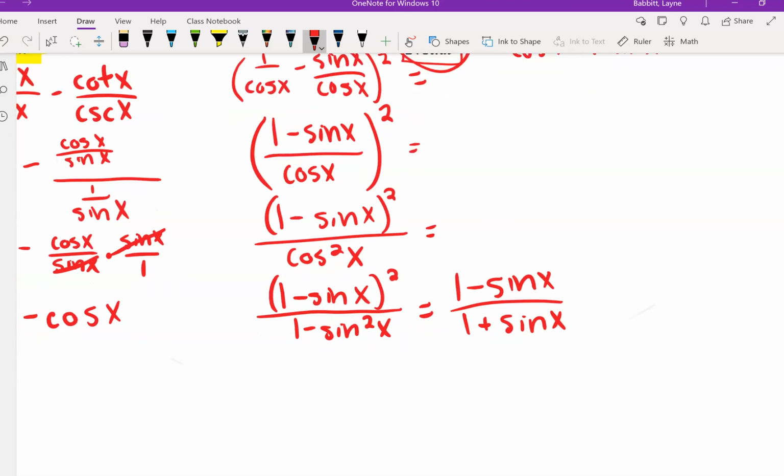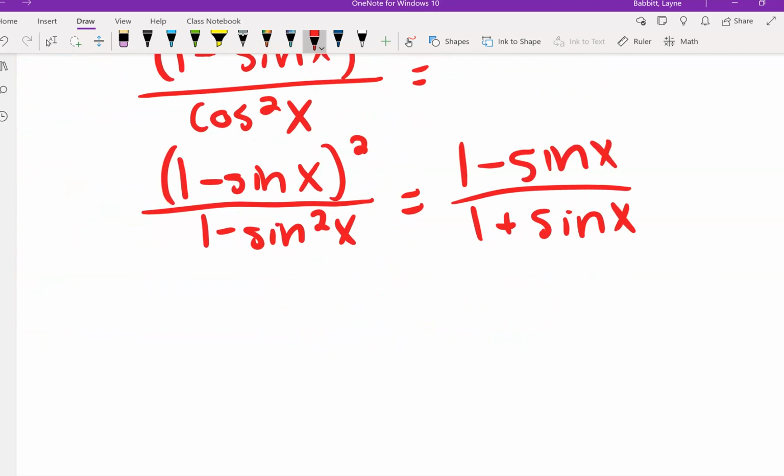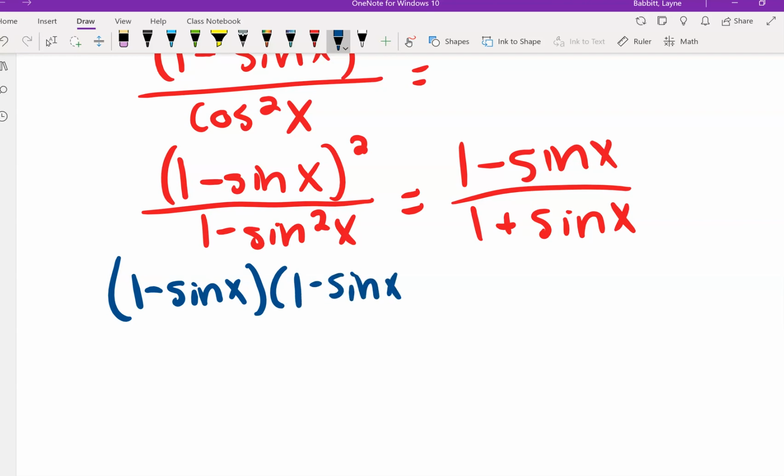Because like I said earlier, it's always good to know what our goal is and what we're trying to get closer to. Well, I know that I have 1 minus sine x on top already. Really, I have two of them. I have 1 minus sine x times 1 minus sine x on top. I only need one of those.